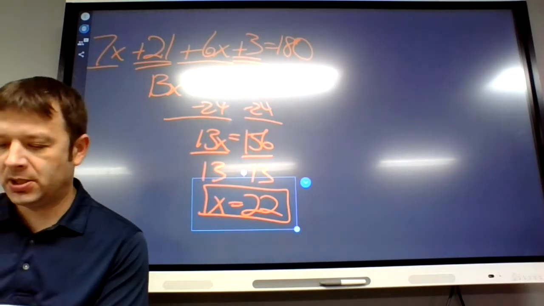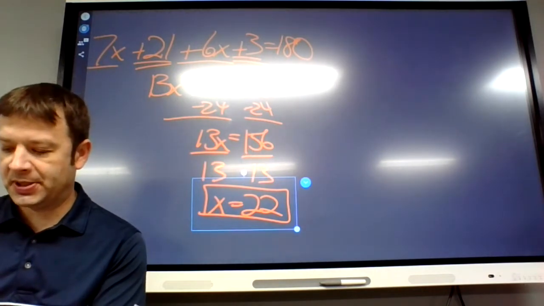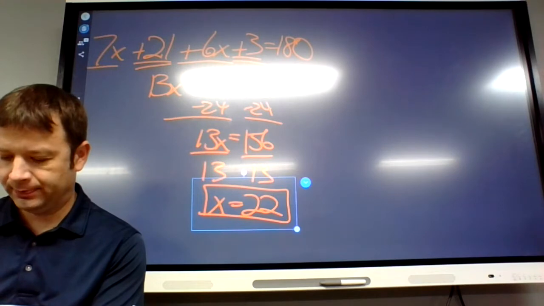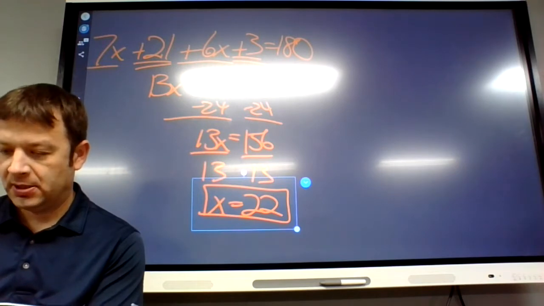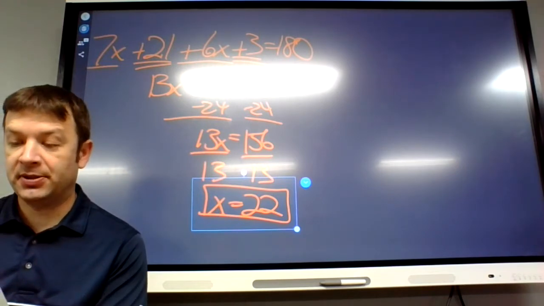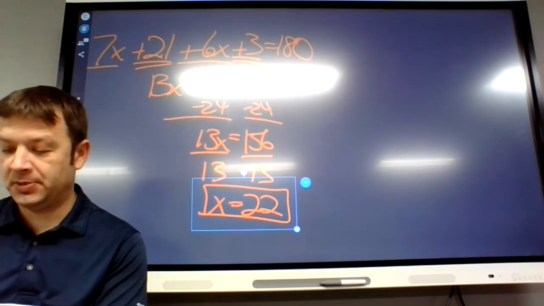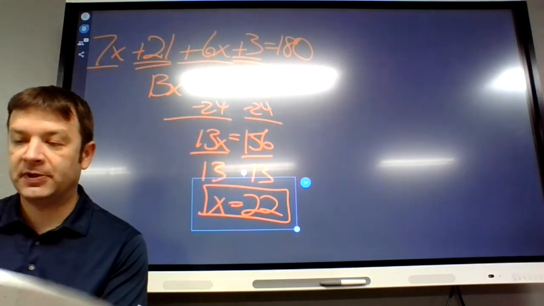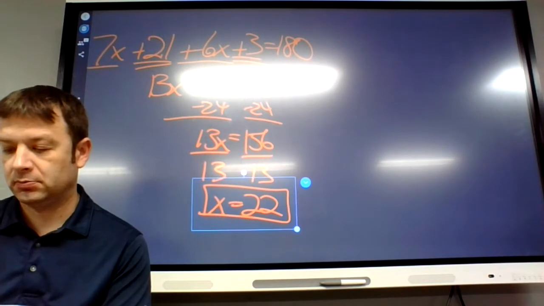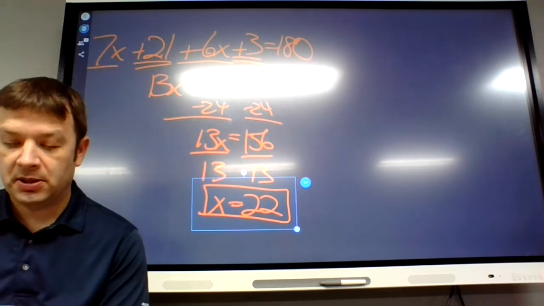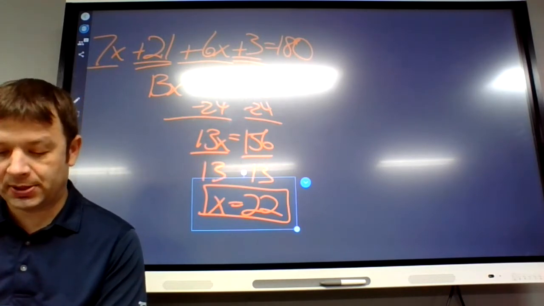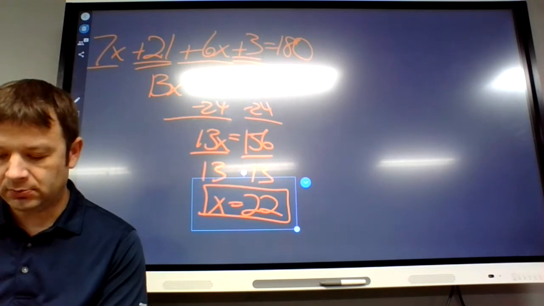Number 9. What do we know about the sides of a parallelogram? The opposite sides are the same, so this is easy peasy. It's just 15. Number 11 is just 19.6. This is too easy.